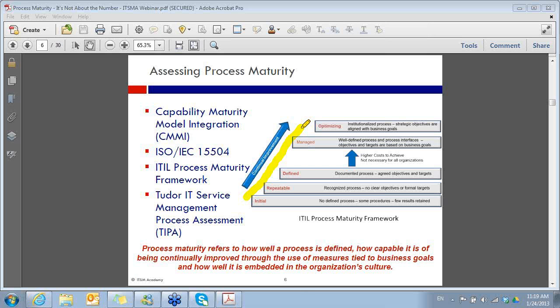You may have a bunch of procedures strung together, but you don't have really what we would call processes. Repeatable, you've started to recognize, all right, this is something where we need to get better. We need to start to be more predictable in our approach to handling this set of activities. We've got to clarify the objectives. We've got to put some targets in place.